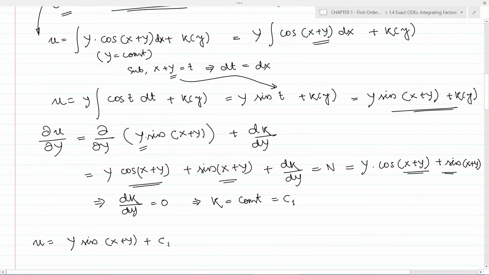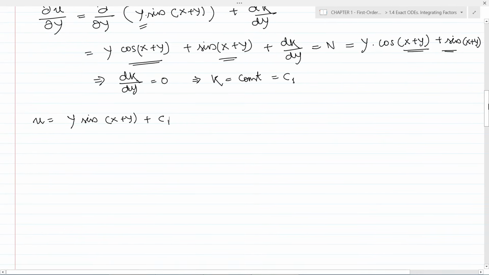We know that the solution will be of the form u equal to a constant. Let us take this as C2, and we have already got the value of u.